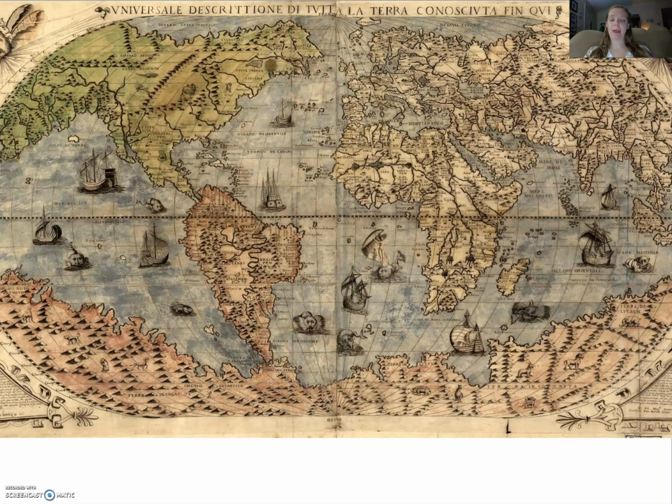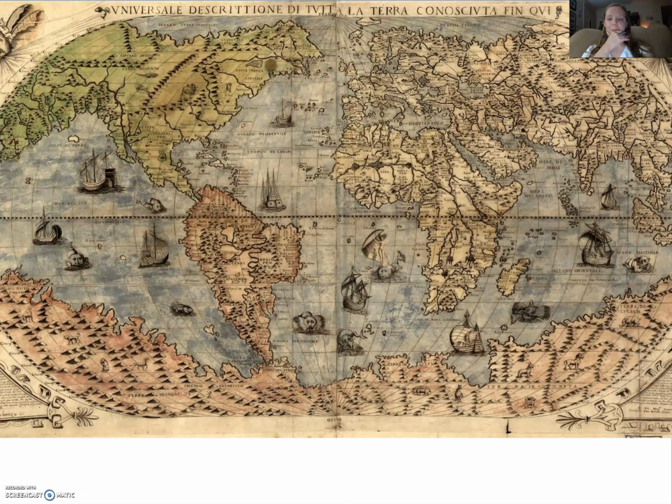But as you can see by this map, the world has not been fully realized. I'm not actually quite sure what the date is on this one. It's certainly post-Columbus. But it's also post some of the other explorers because it does have the western coasts of North and South America, the beginnings of those mapped. So it's a little bit later.